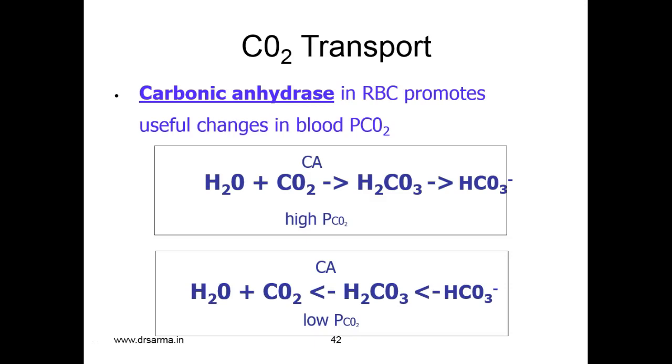And then with carbon dioxide, which is the bigger driver of the shift left or right, if it is dissolved in the plasma as carbon dioxide, it increases the partial pressure. So what happens here is it's a way for the red blood cells to actually control the partial pressure of carbon dioxide.